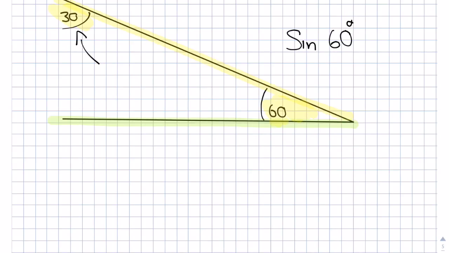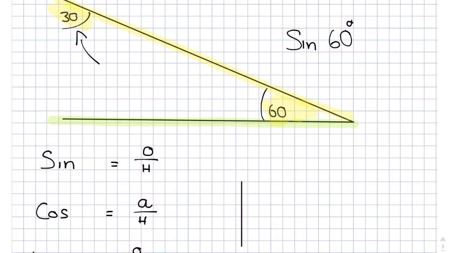Okay, so basically there are a few trigonometric ratios, there's 6 that we'll deal with, but there's only 3 I'm going to talk about at this minute. We have our sine, our cosine, or cos for short, and our tangent, or tan for short. The sine in a triangle is the opposite side divided by the hypotenuse. The cosine is the adjacent side divided by the hypotenuse. And the tan is the opposite divided by the adjacent.